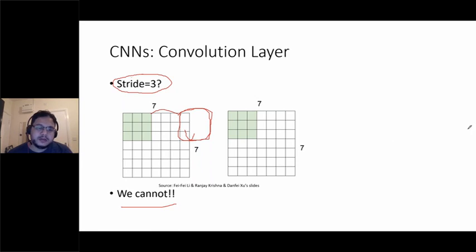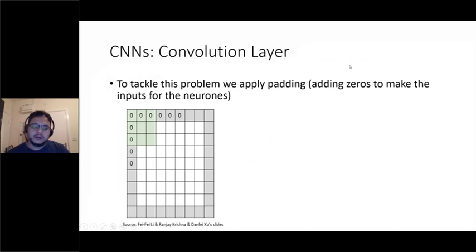So what we do to avoid this is use what we call padding. We apply padding, so we add zeros around. That way, when we use a stride of 3, we jump here, then here, then here, and we have no problem.